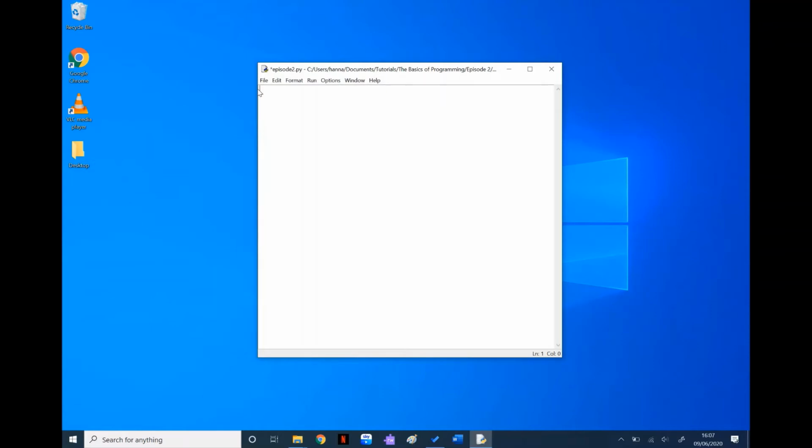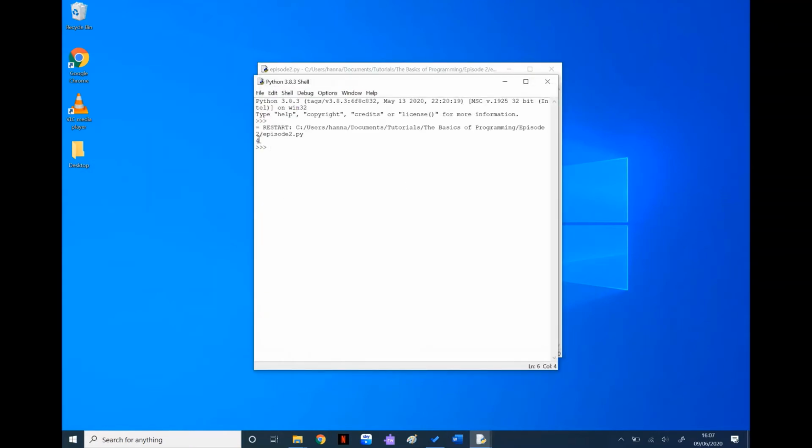When it comes to multiplication, we do use a different symbol. So if I was to do 2 times 2, normally in maths you'd put like an X kind of symbol, but in programming we use something called an asterisk, specifically in Python. So 2 times 2, I will save that and run it, and I get 4.